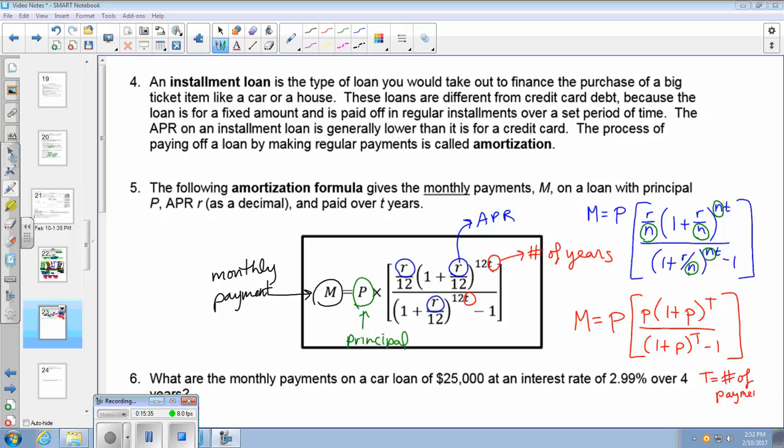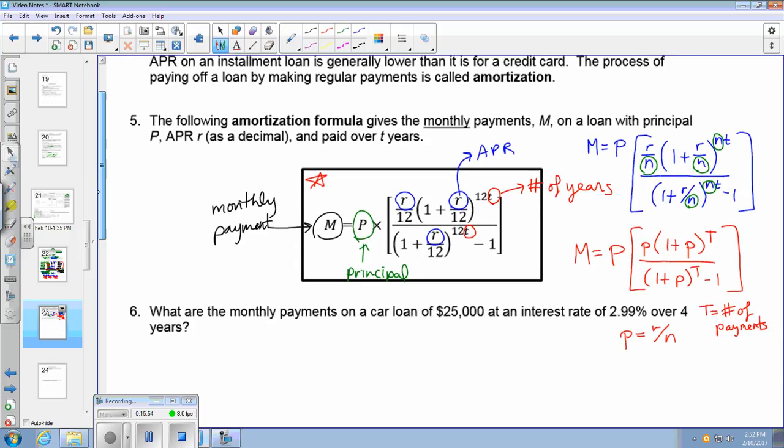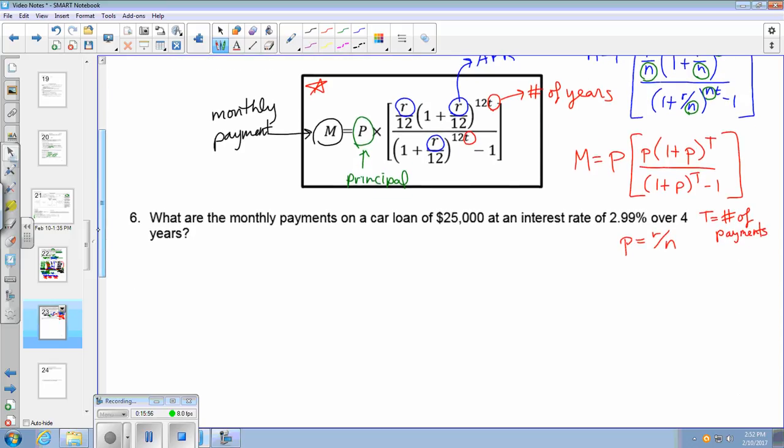If you're doing it per month, it's the number of monthly payments. And p is equal to r over n. N is the number of payments per year. So again, we're focusing on this one, but I wanted to show you the other two in case you see this in another textbook or your textbook, or if MyMathLab pops up with a slightly different looking formula.